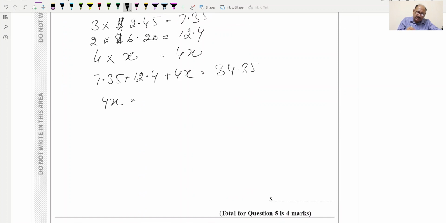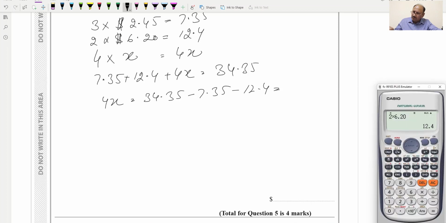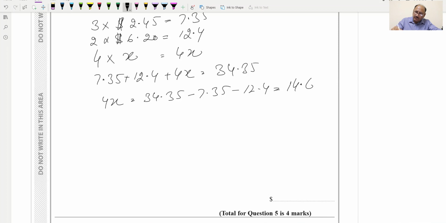So 4x is equal to 34.35 minus 7.35 minus 12.4, and this is equal to 14.6.